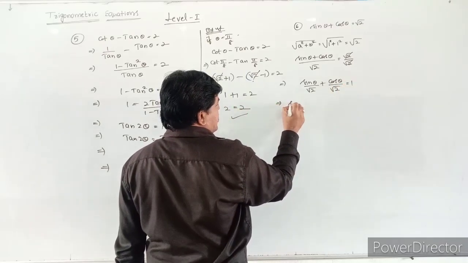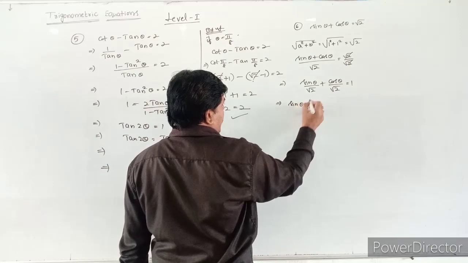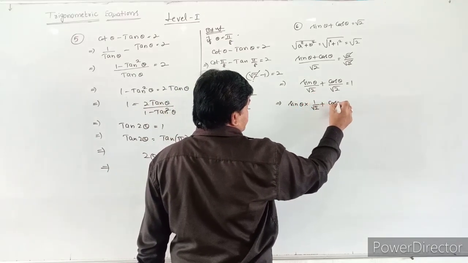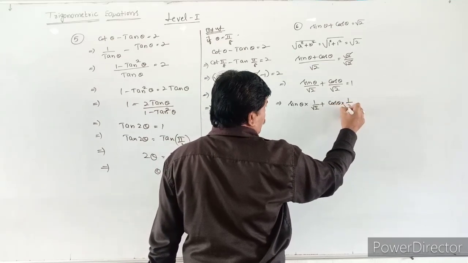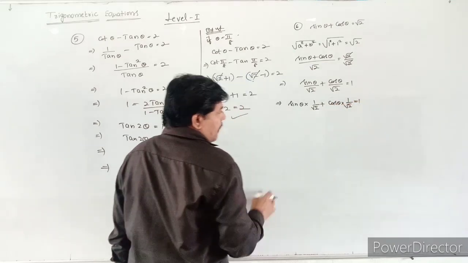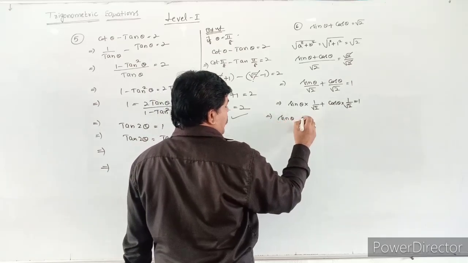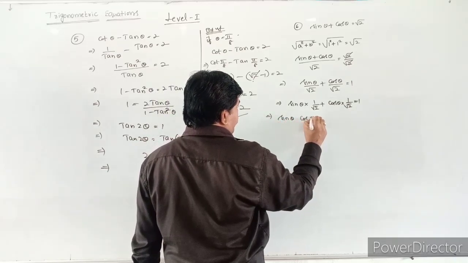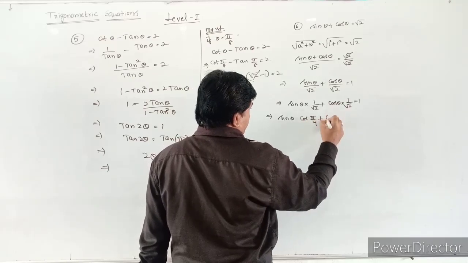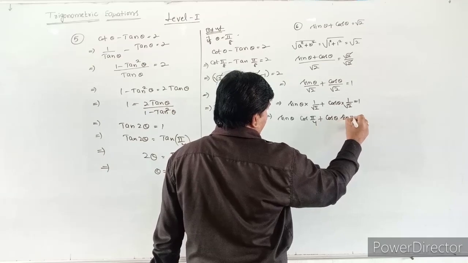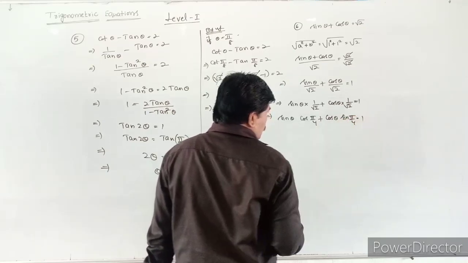So this can be written as sin theta into 1 by root 2 plus cos theta into 1 by root 2, equal to 1. This 1 by root 2 you can write as cos pi by 4, and the other 1 by root 2 I will write as sin pi by 4, so that is equal to 1.